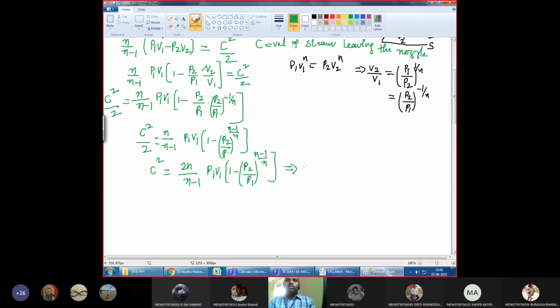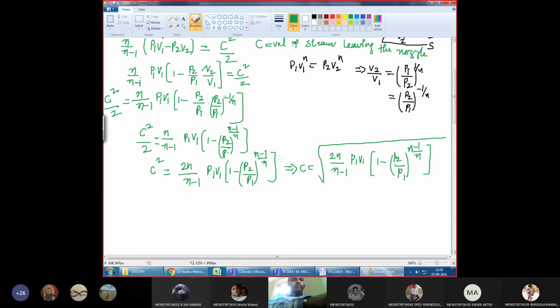And from this C is equals to square root of 2n by n minus 1 P1 V1 into 1 minus P2 by P1 whole power n minus 1 by n.